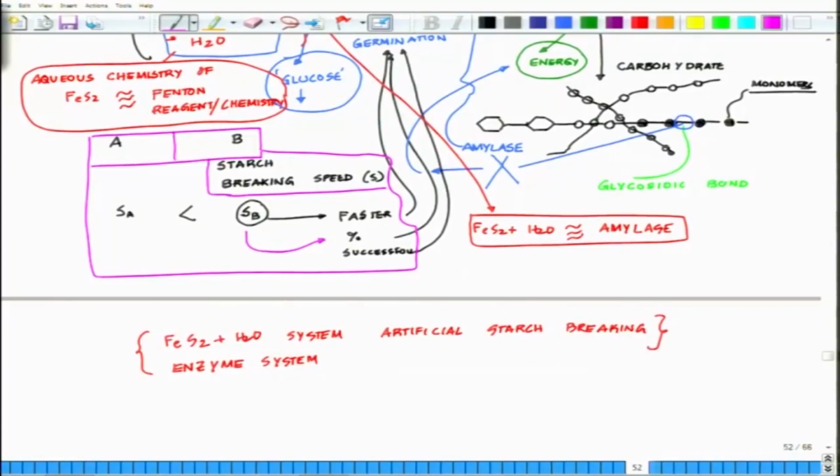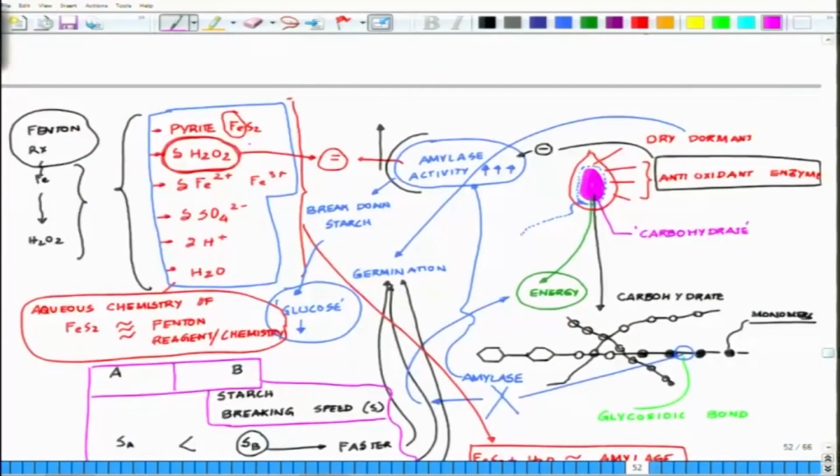That is precisely what is happening when FeS2 in the presence of water generates trace amounts of hydrogen peroxide, which mimics amylase activity, chopping off these glycosidic linkages and generating energy faster.